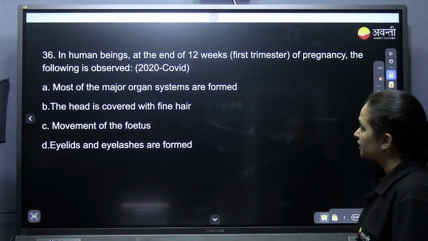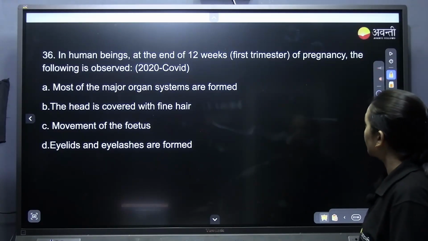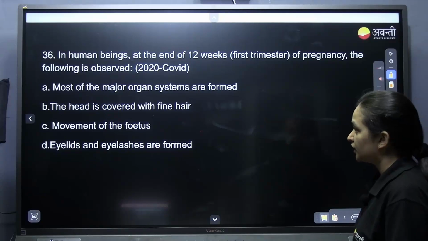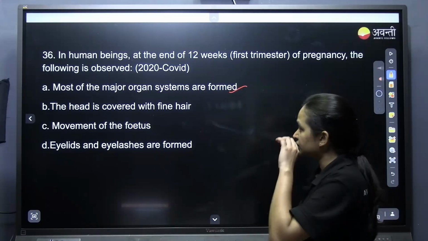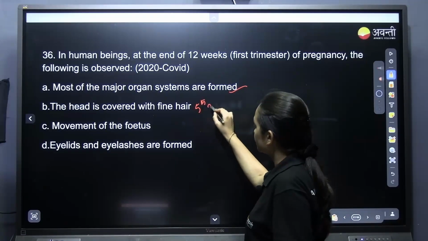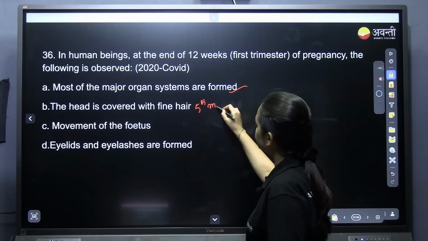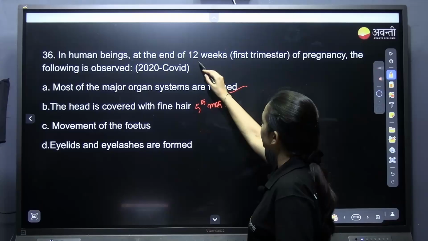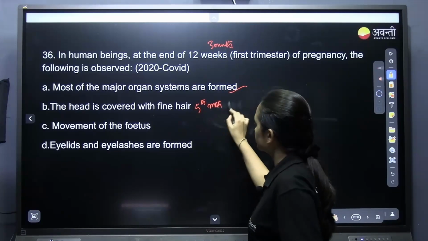In human beings, at the end of 12 weeks, that is first trimester of pregnancy, the following is observed. Most of the major organs are formed, yes, in the first trimester. The head is covered with a fine hair. This is in the fifth month, right? First trimester is 13 weeks, in a sense 3 months. So this is wrong.